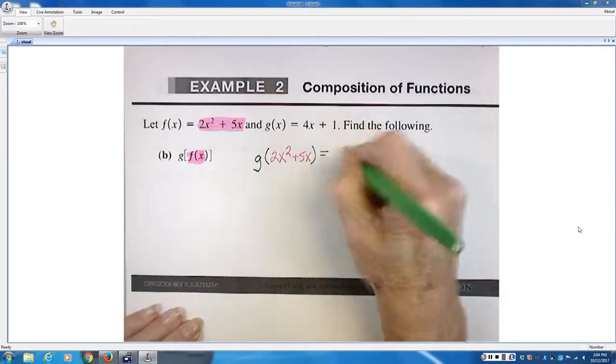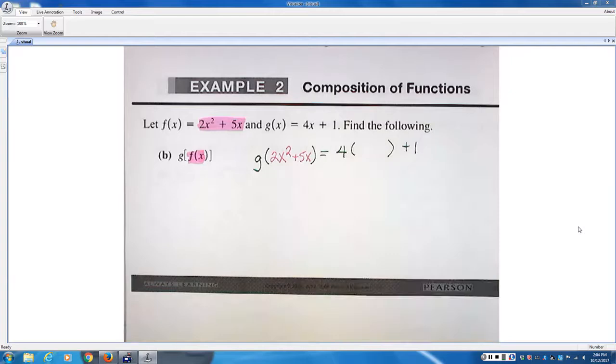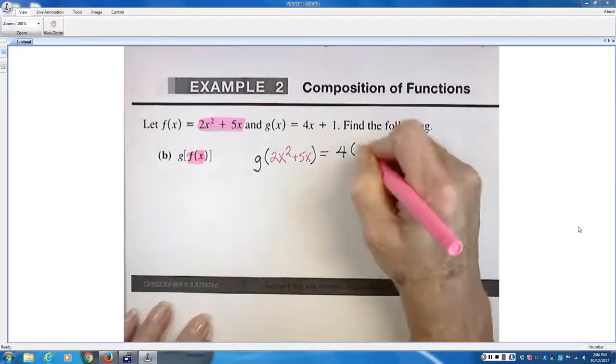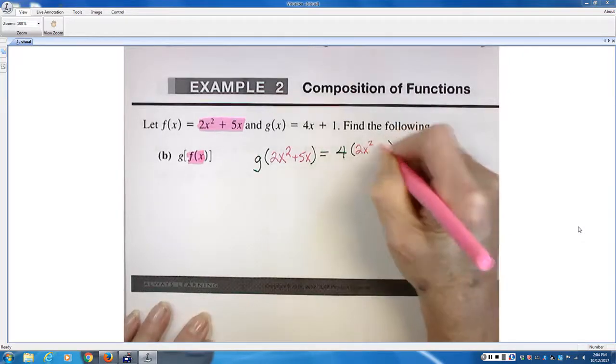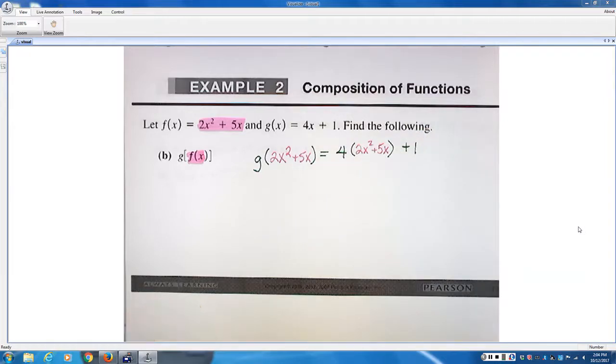And g's job is to take whatever that input is and multiply it by 4. And then add 1 to it. Okay?